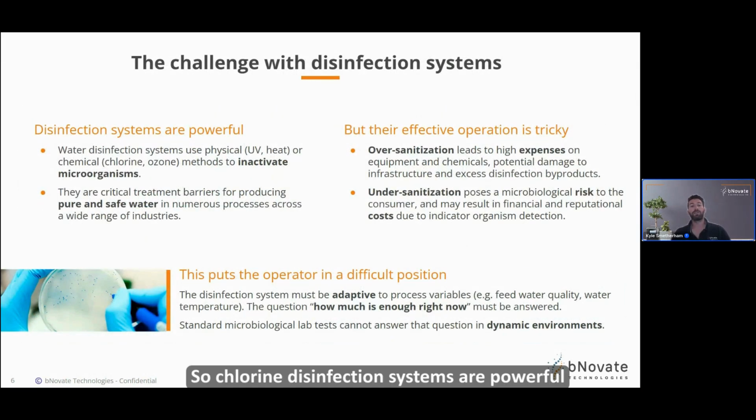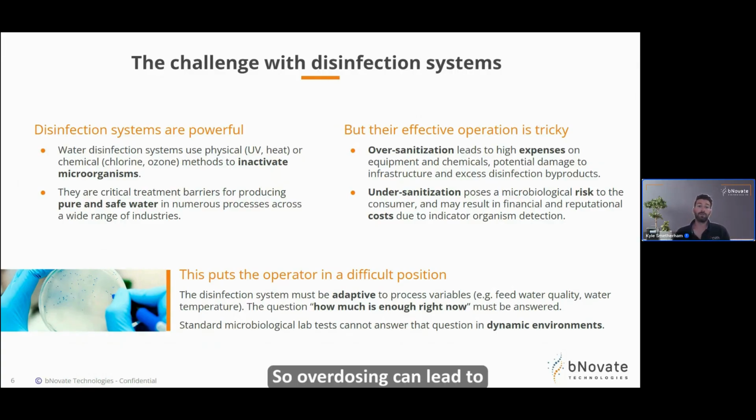So chlorine disinfection systems are powerful chemical treatment steps that inactivate microorganisms and are essential for producing high-quality, safe water. Other methods like UV and ozone are also widely used, but today we're going to focus more on chlorine. Like any process, chlorine disinfection does have its challenges, as mentioned.